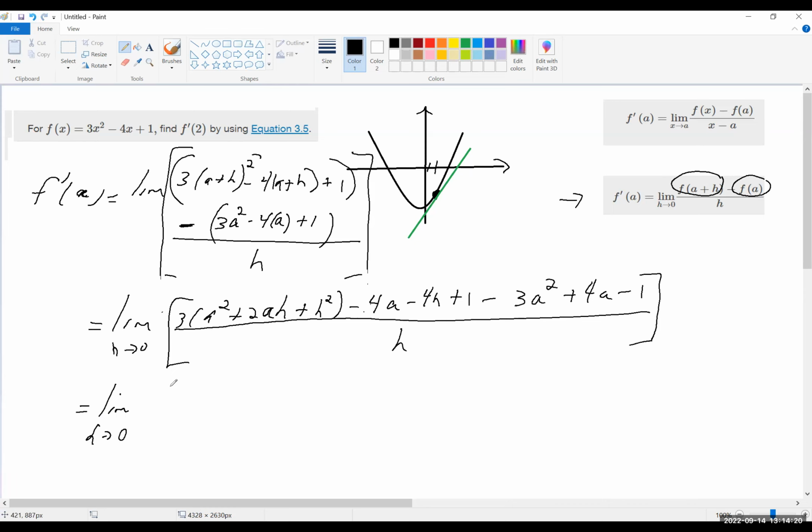So assuming that I didn't make many mistakes, I can start looking for things that are going to cancel, although I'm actually tempted to go ahead and distribute first.